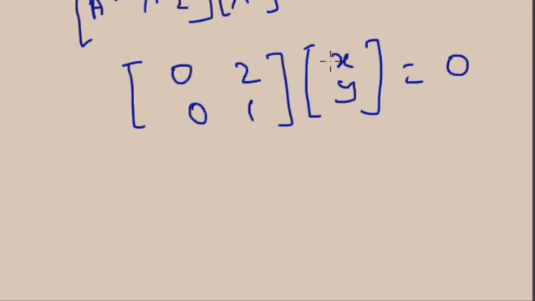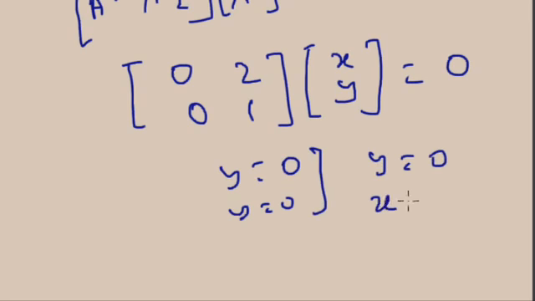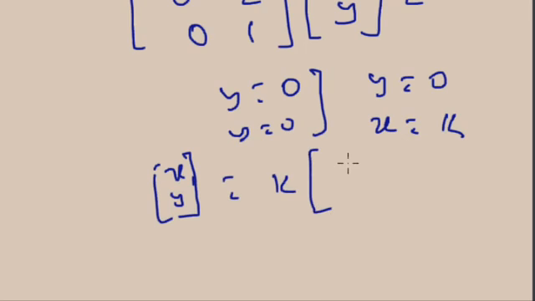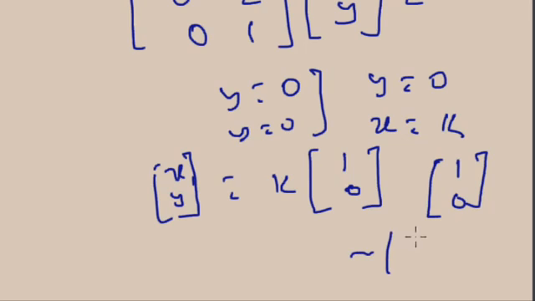The meaning of this is 0 into x plus 2 into y is equal to 0, and from the second equation, 0 into x plus 1 into y is equal to 0. Both equations give y is equal to 0 and x can be anything, suppose k. So the eigenvector x, y is equal to k into 1, 0. It is in the form 1, a. That means a is equal to 0.